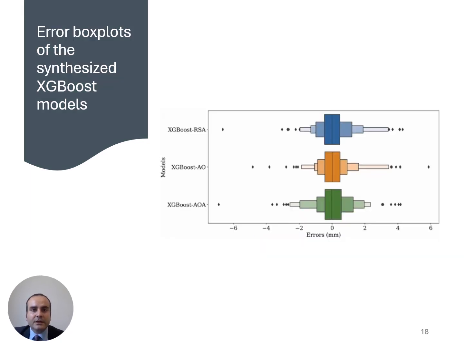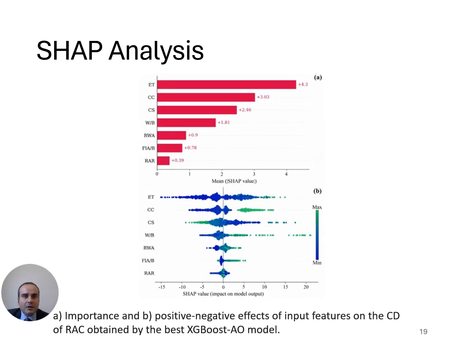This figure illustrates the error bar plot of the proposed models. In general, there is a decent balance between positive and negative prediction errors, inferring that the developed models do not underestimate or overestimate the carbonation depths of recycled aggregate.